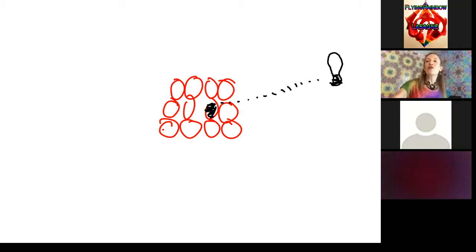What these other cells do that I'm going to highlight in blue is they send a signal that is saying there's no light there. So all of these cells around the cell that perceived send a signal that says no light, no light, no light. But this one over here sends a signal that says light.